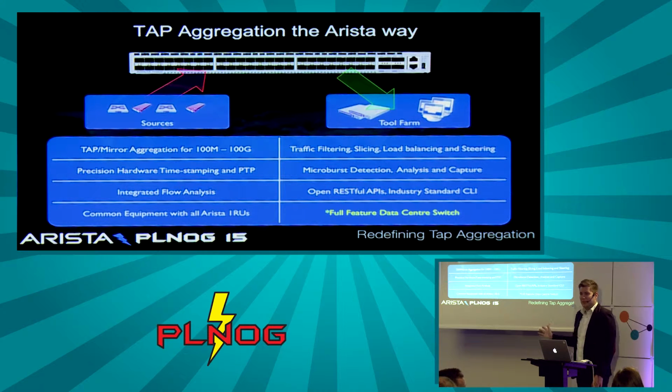So, as you may have guessed, the Arista way to tap aggregation looks a lot like our Ethernet switching portfolio. That's because it is. What we're doing is taking that regular merchant custom silicon and applying it to a use case that allows us to use the device in this monitoring platform mode.